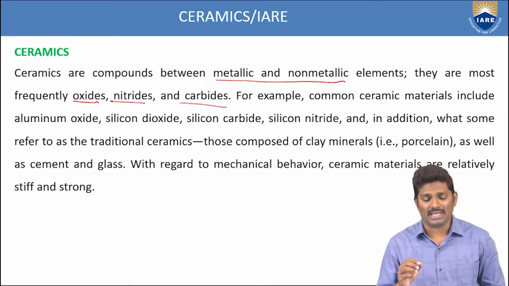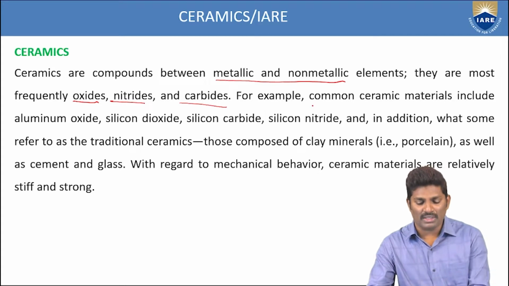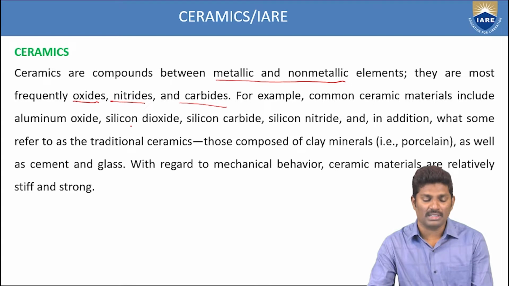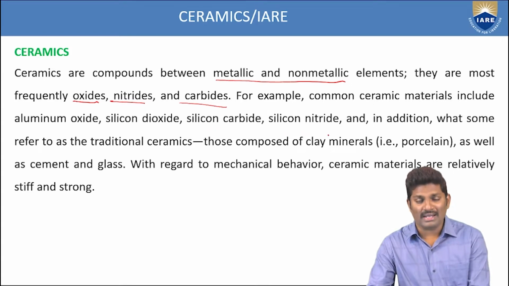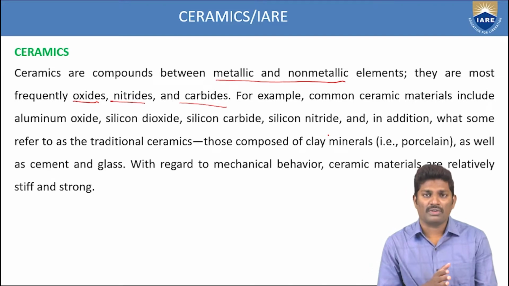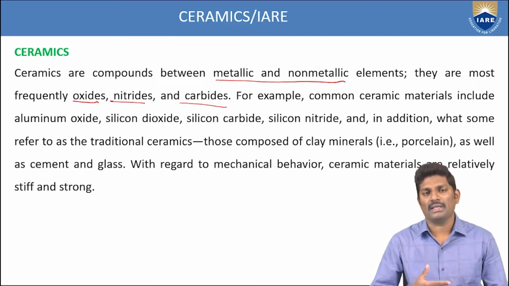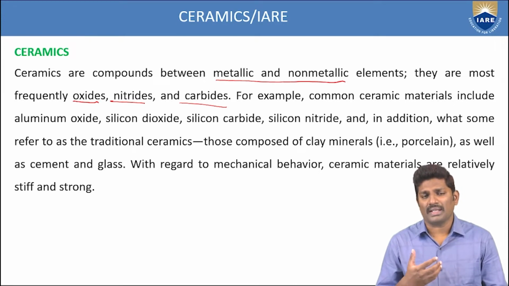Some examples of common ceramic materials are aluminum oxide, silicon dioxide, silicon carbide and silicon nitride. In addition, we can refer to traditional ceramic materials, which are composed of clay. Generally, when we think of ceramics, we think of the clay we used in the olden days.